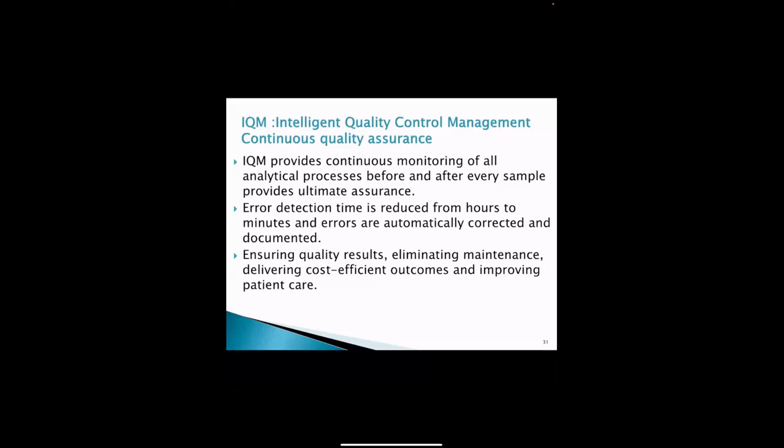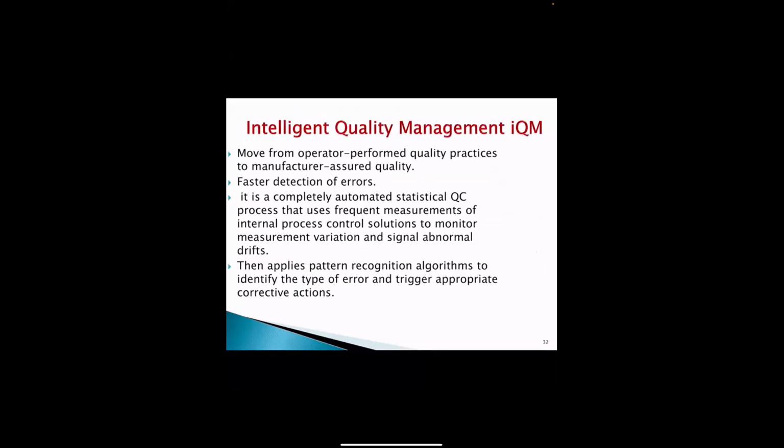The error detection time is reduced from hours to minutes, and errors are automatically corrected and documented. So you will have a corrective action system. And it helps ensure quality results, eliminating maintenance, delivering a cost-efficient outcome and improving patient care.